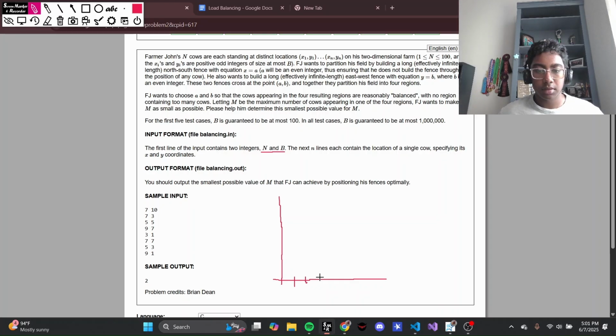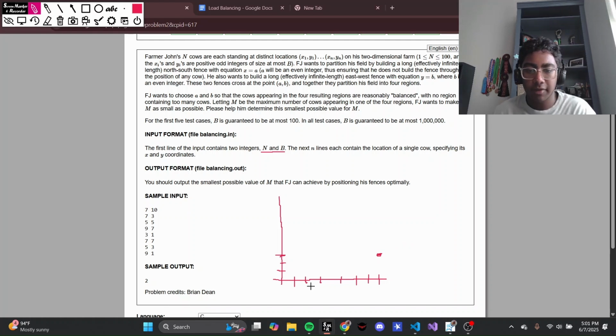So the first point is here at 7, 3. The next point is at 5, 5, so over here. Then the next one is at 9, 7, so let's extend this a little bit.